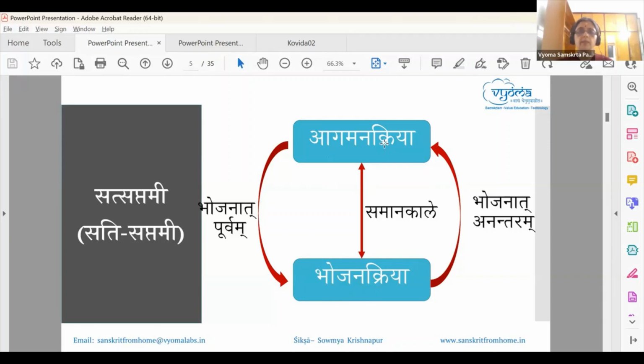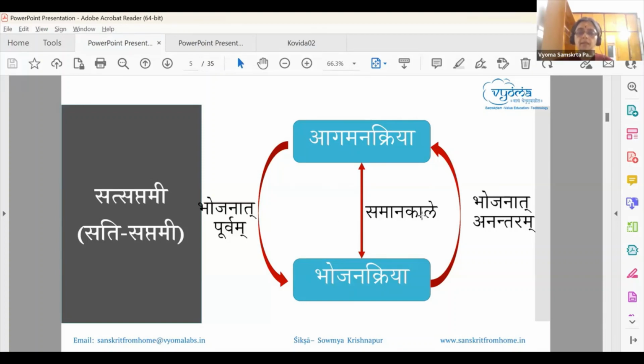Somebody is coming. Considering two people, one person is eating and another person is coming, there are three possibilities. It is bhojanat purvam: before the other person eats, he comes.